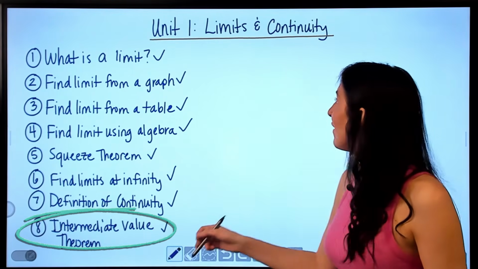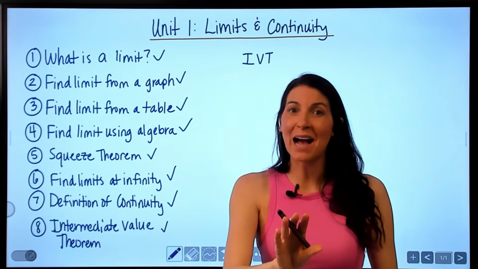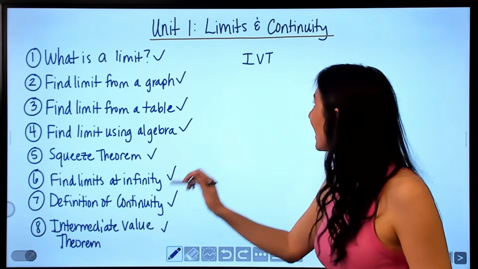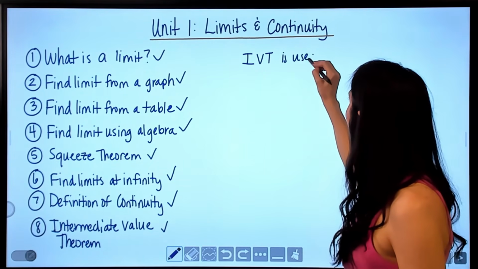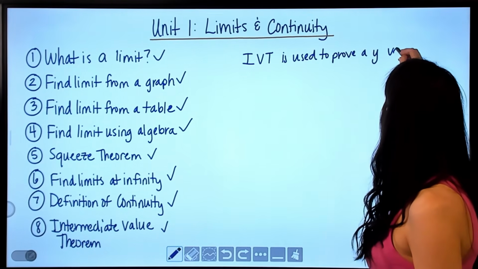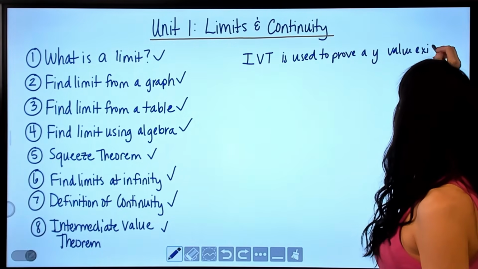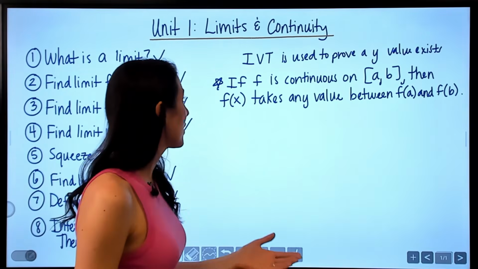The intermediate value theorem is sometimes abbreviated as IVT, but I would not abbreviate it on the AP exam, just write out the whole thing. The intermediate value theorem is used to prove a y value exists. And here is the intermediate value theorem.